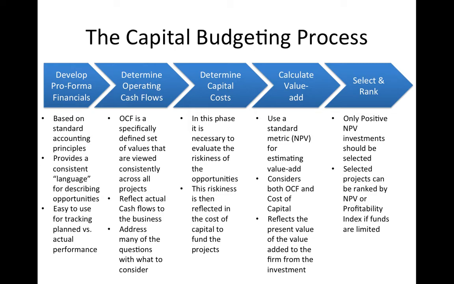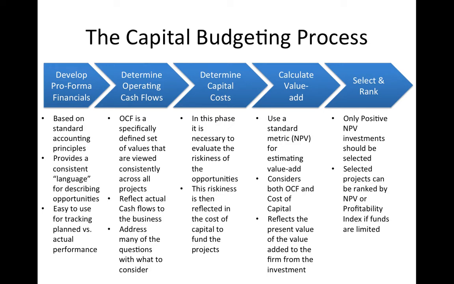The nice thing about starting with pro forma financial statements, number one, is they're based on standard accounting principles. The firm handles things in a particular way, and every project should handle things in the same way. If that's the proper way for treating it, everybody will know that, and they have a resource in the accounting department that can help them with that.